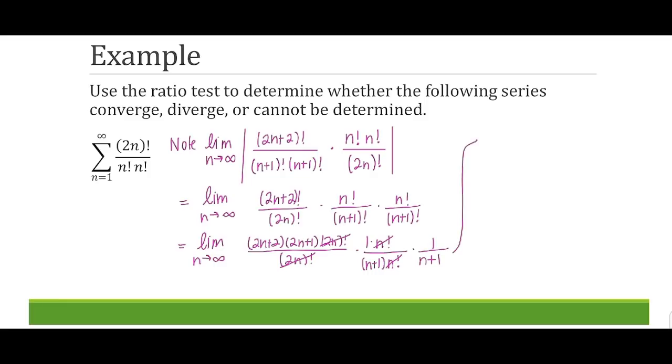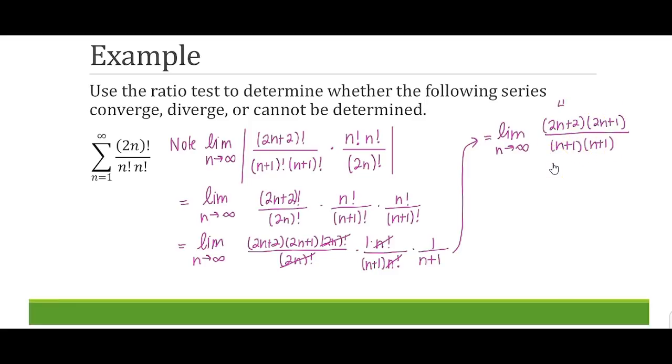So overall, I'm going to go ahead and bring my work up here. I have the limit as n approaches infinity. In the numerator, I have 2n plus 2, 2n plus 1. And then in the denominator, I have an n plus 1 over an n plus 1. So if I were to think about multiplying these all out, on the top I'd have a quadratic, and on the bottom I'd have a quadratic.